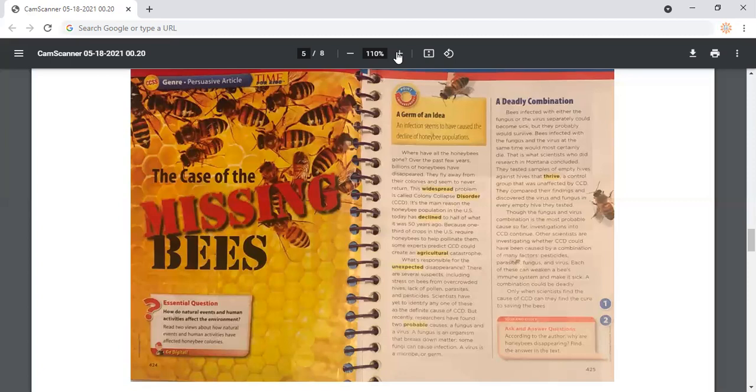There is evidence, right? And this is an important feature of a persuasive article. Your opinion must be backed up by facts and evidence, right? It explains the idea here that the author believes a combination of a virus and fungus is what causes CCD, or what causes colony collapse disorder.